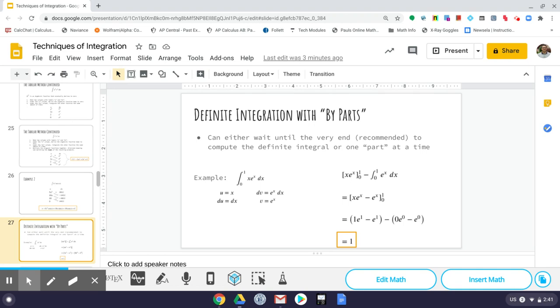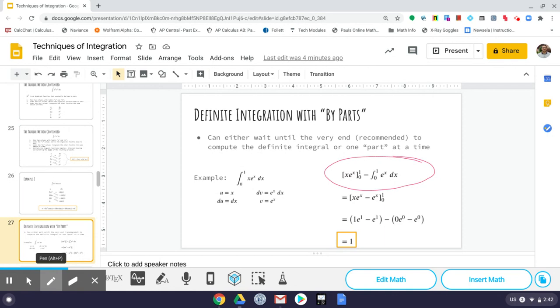Now I'm up to this part. And again, this is the correct notation, just to keep things together. That first part, that u times v, x e to the x, has already been integrated. That's already finished.